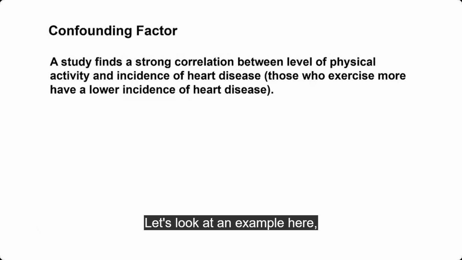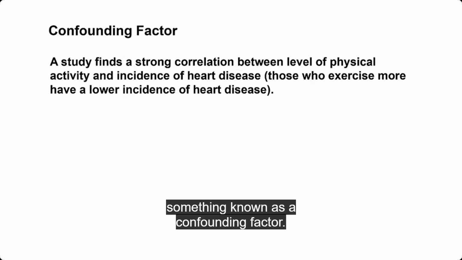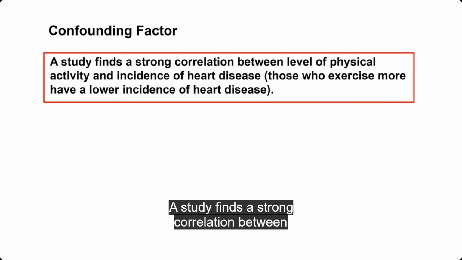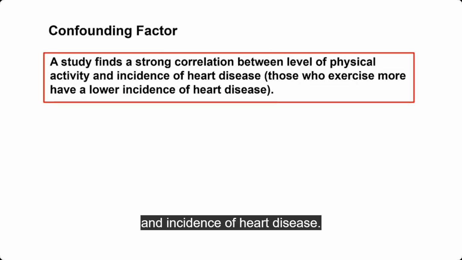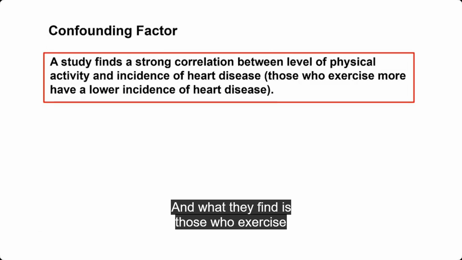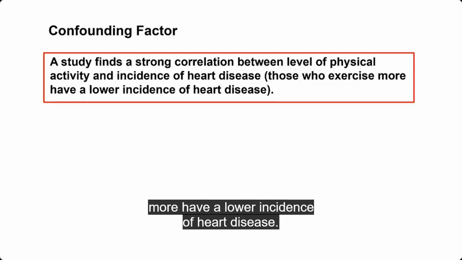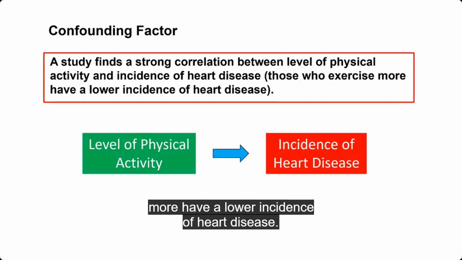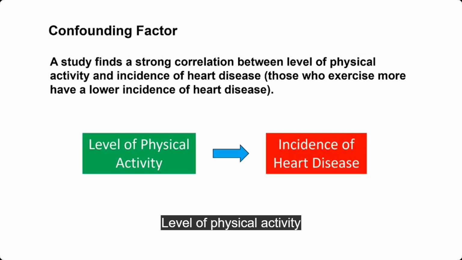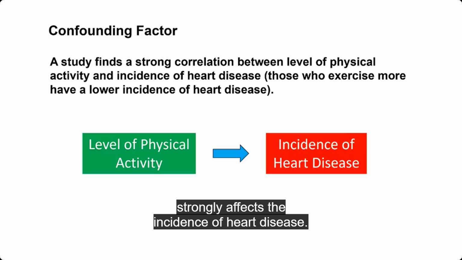So let's look at an example here, and this is going to bring about something known as a confounding factor. A study finds a strong correlation between level of physical activity and incidence of heart disease. And what they find is those who exercise more have a lower incidence of heart disease. So level of physical activity strongly affects the incidence of heart disease.